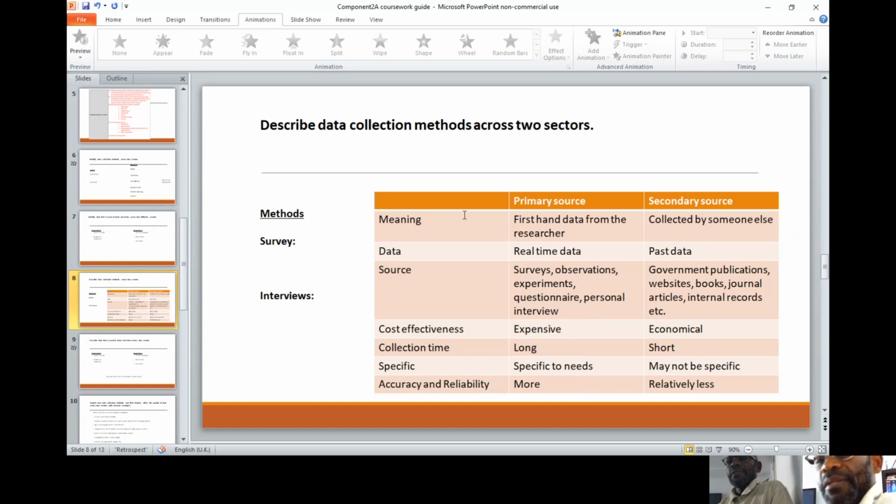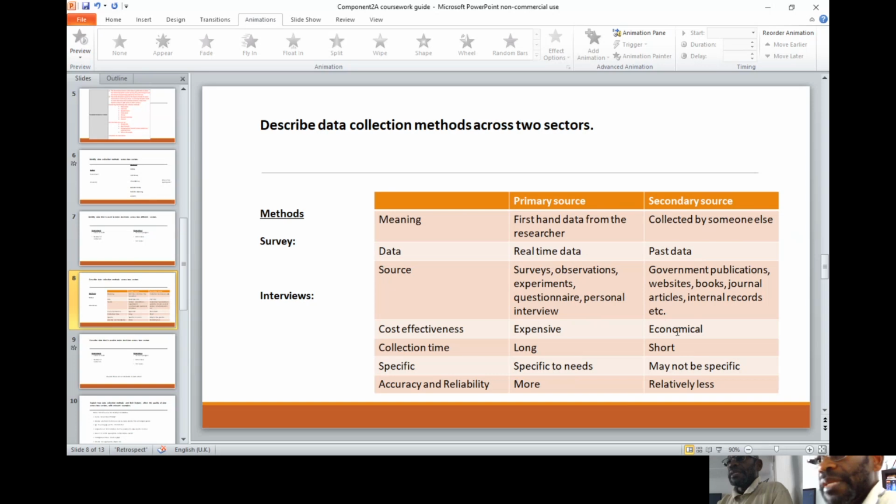On the other hand, if the data you're collecting is coming from a secondary source, secondary source data is normally collected by somebody else. It could be past data and therefore might not be that reliable.